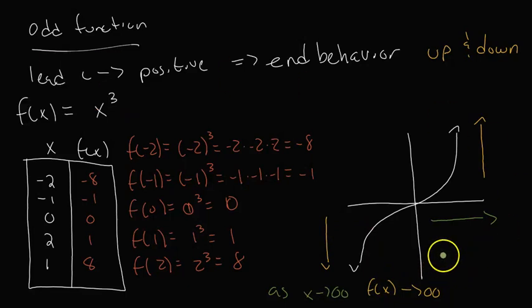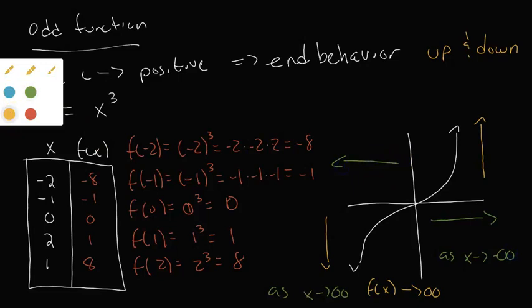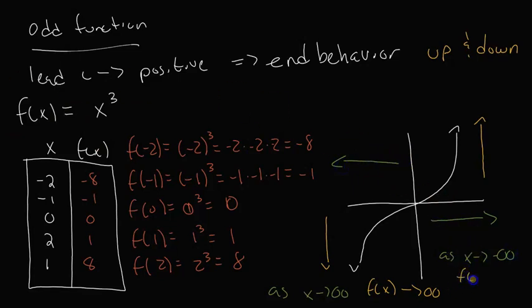Thus, as x approaches negative infinity, or it's going to the left, my f of x is approaching negative infinity as well. Notice that in this positive case, if I'm approaching the negative numbers, it is negative, and if I'm approaching the positive numbers, it's positive.